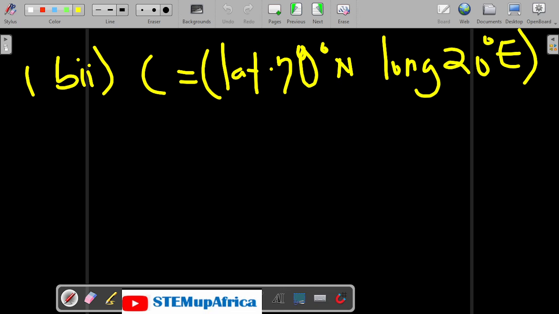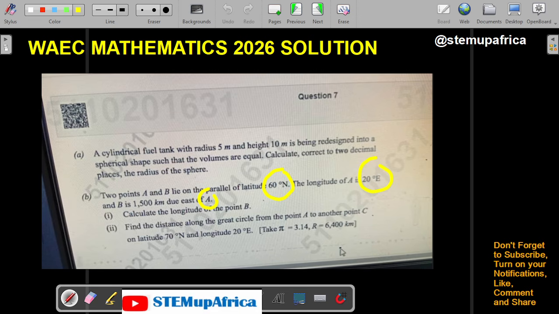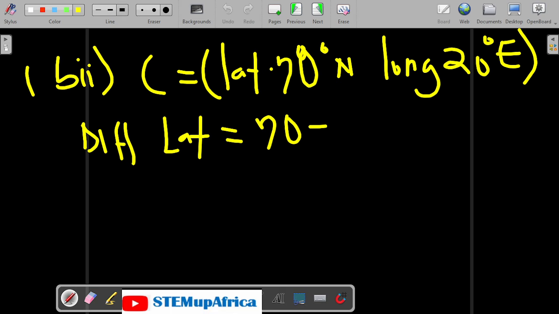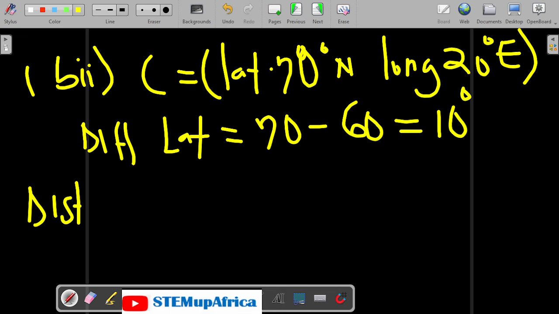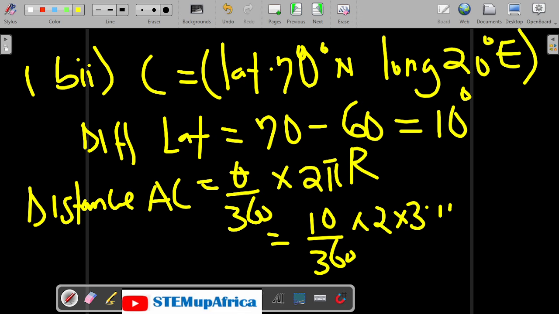So that is why it is a great circle distance. The difference in latitude is 70 minus 60, the latitude of A. The answer is 10 degrees. So distance AC is simply theta over 360 times 2 pi r, which is 10 over 360 times 2 times 3.14 times 6400.